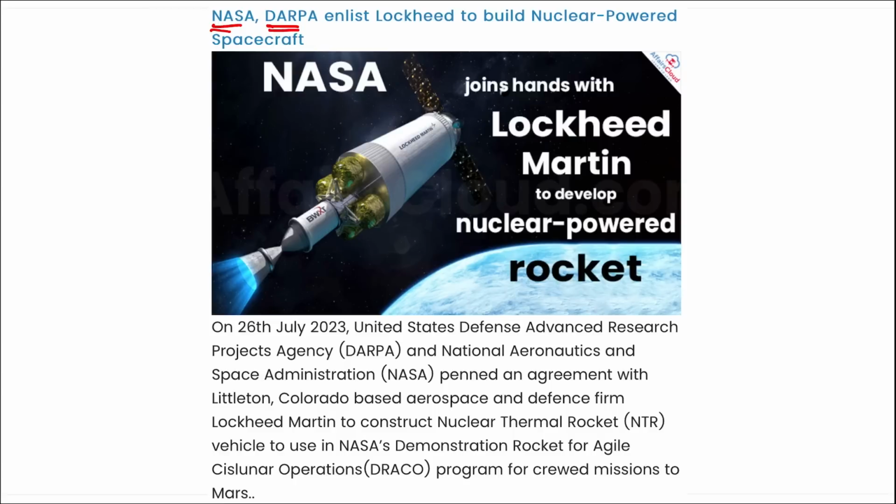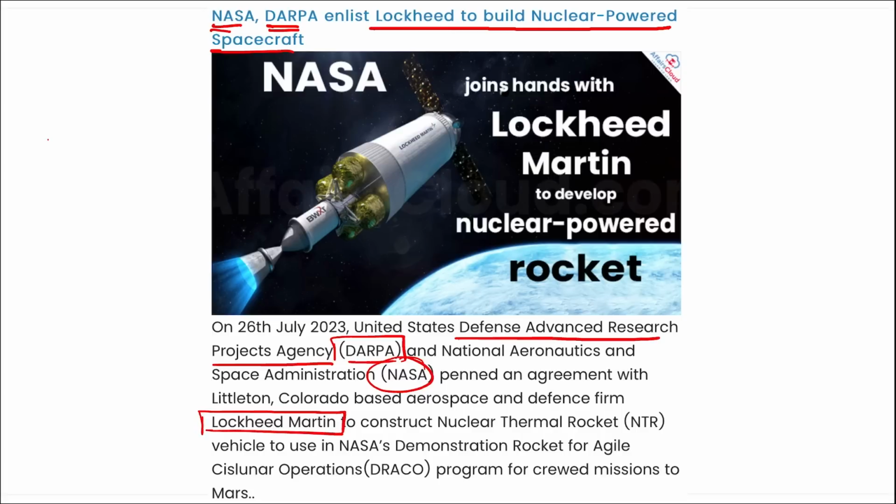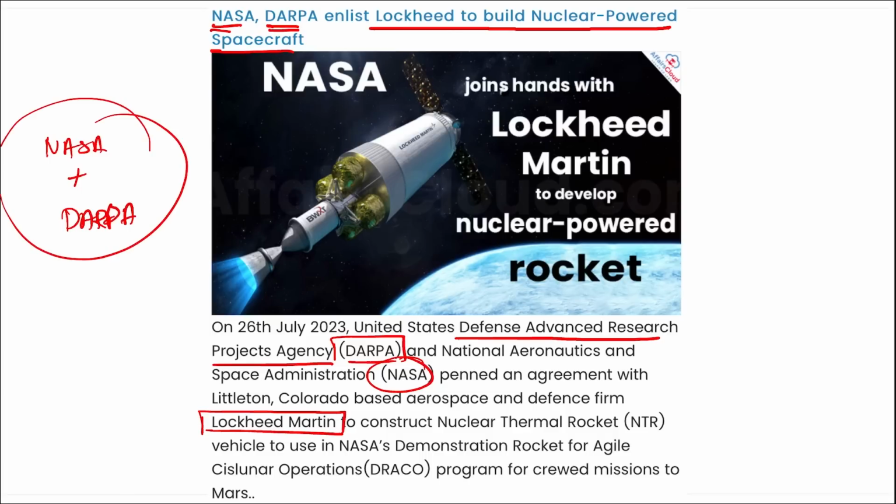Next is NASA and DARPA, they have enlisted Lockheed to build a nuclear power spacecraft. I repeat, recently United States of America's space agency, that is NASA, tied up with DARPA, that is Defense Advanced Research Project Agency, and together they signed an agreement where they will be developing a nuclear powered spacecraft with the help of Lockheed Martin.